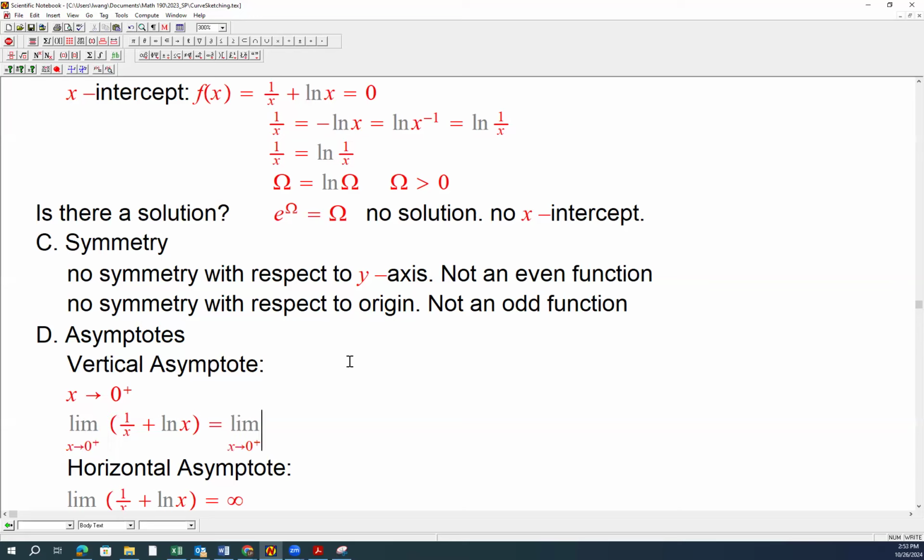Okay, so we're going to find the common denominator. The common denominator is x, and the top is 1 plus x times ln x.